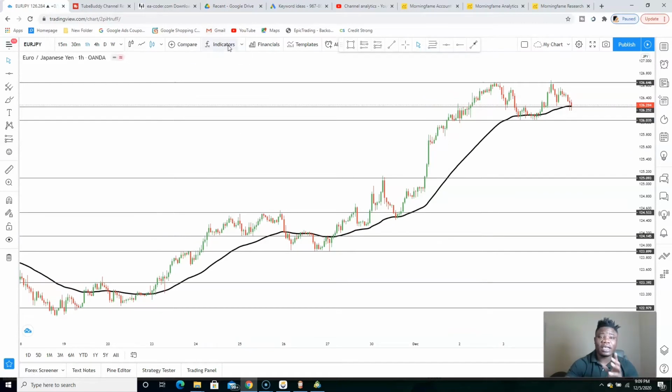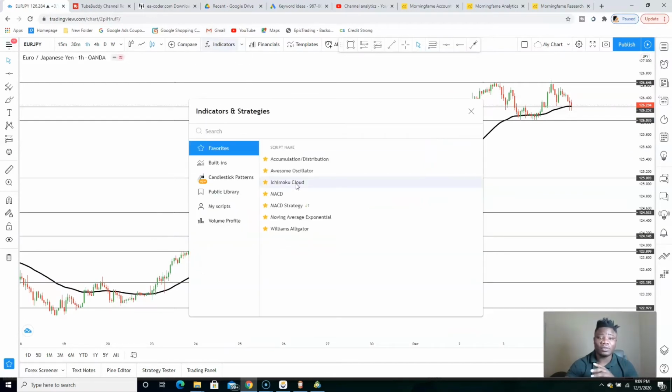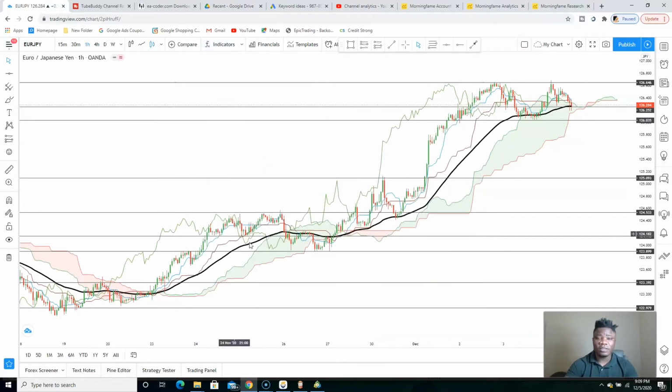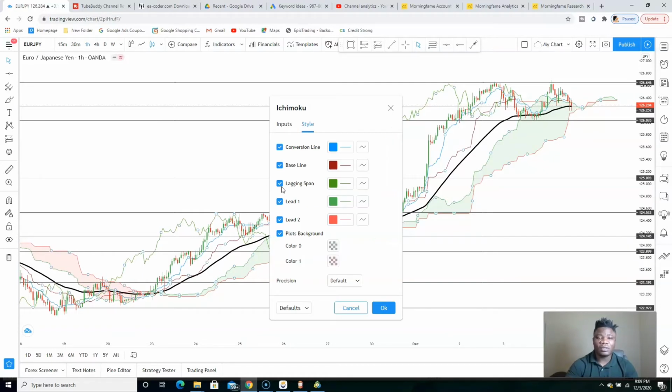This time around, we're going to add the Ichimoku cloud. I'm sure you guys have heard about the Ichimoku cloud, and if you haven't, this indicator is very, very powerful. But all this extra stuff, we actually don't need for this strategy. So we don't need the lagging span, we don't need the leg 1, we don't need the leg 2. Plots on the background, we take that off. We only need the conversion line and the baseline.